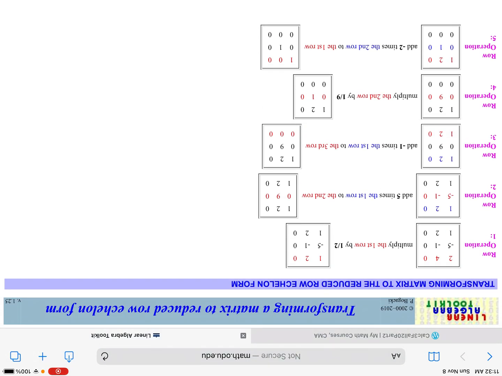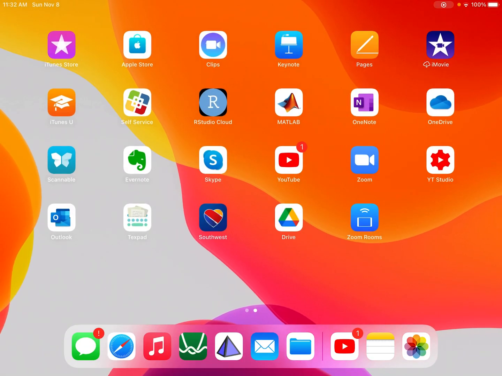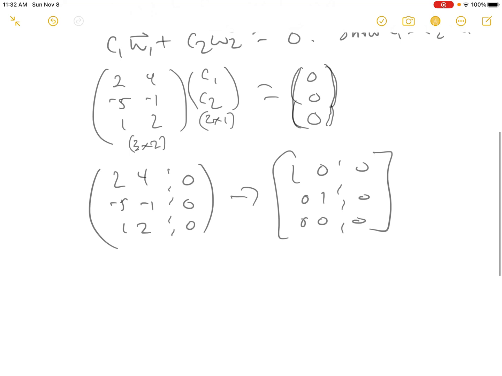And there we go. I guess it picked up the pen mark there. Whatever. So the row reduced echelon form looks like this: 100, 010, 000. So two pivot columns.